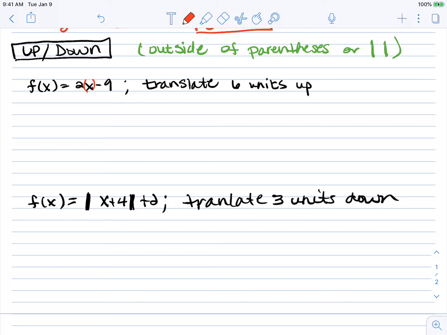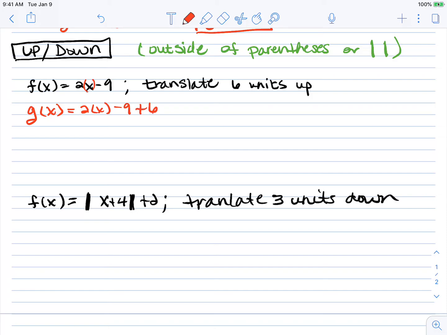So your outside parentheses translation is going to still be outside of that x. So when I write down my new function, I'm going to say I've got g of x, and this is going to be 2 and x, and I bring down my minus 9, but I'm going to translate this 6 units up, so that means I'm just adding 6.